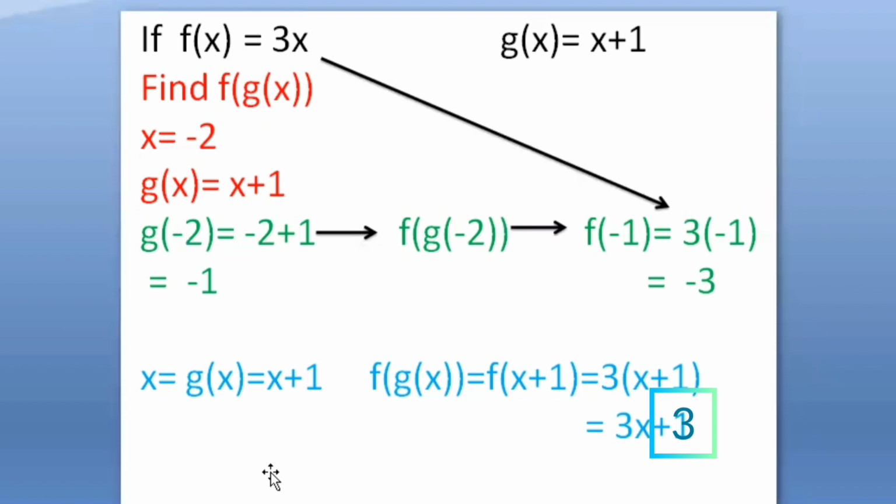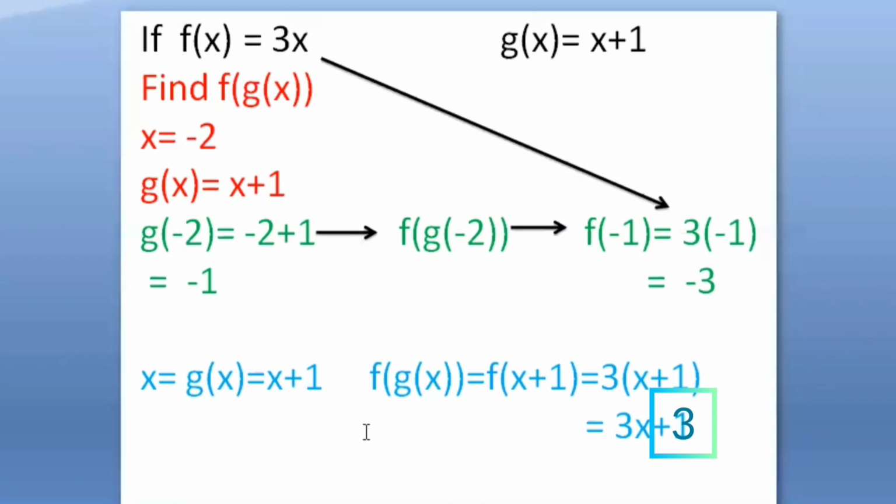And the next example: if there is no value given, how are we going to follow the steps? Here g of x is equal to x plus 1. Here we have the given equation, and here I'm not going to take the minus 2 value.